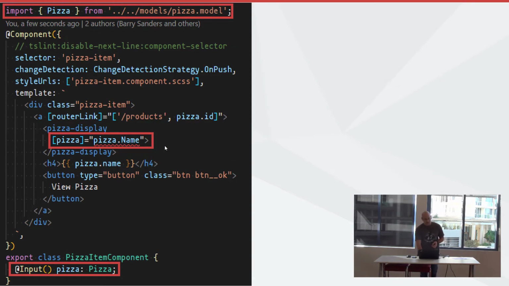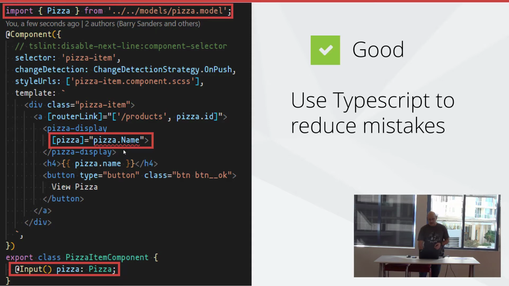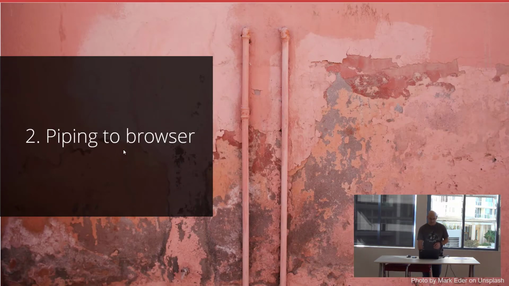So instead, using TypeScript, you can create a model for your pizza and then strongly type your pizza object. And then if you use the wrong name for your property, your compiler will trap that. So that's much better. So where possible, you should use TypeScript to reduce introducing mistakes and bugs into your application.